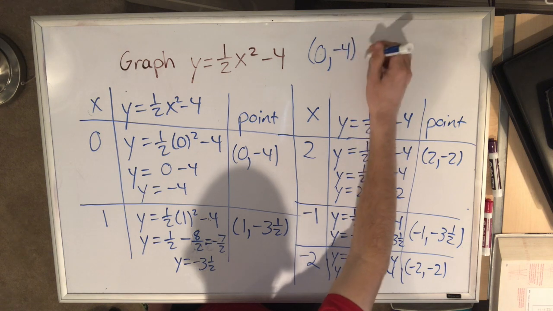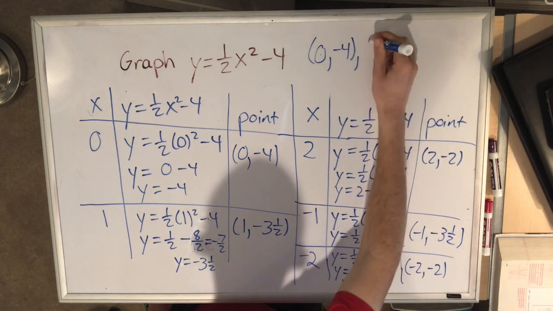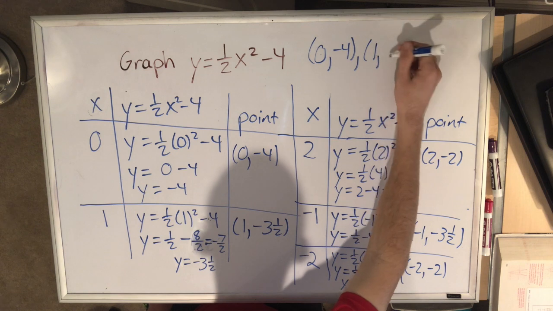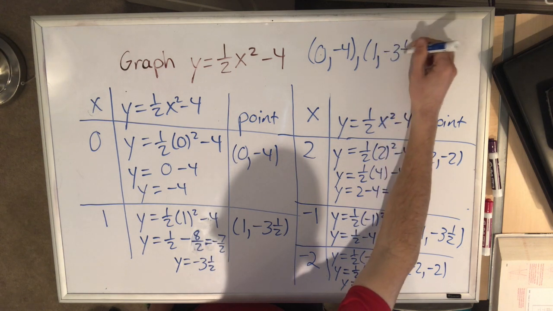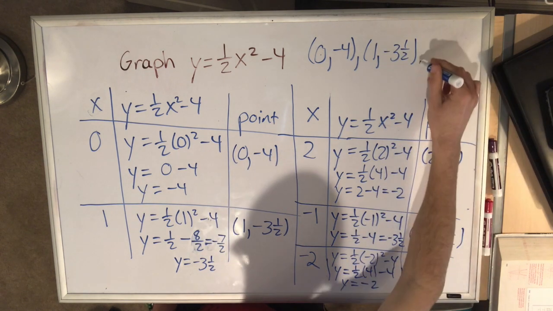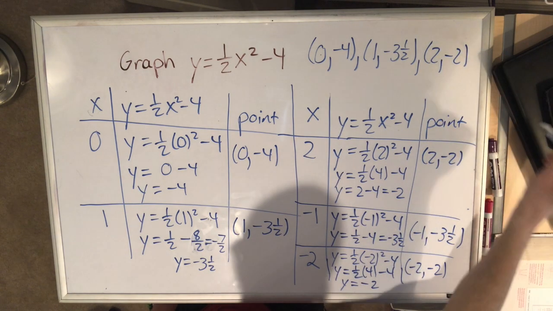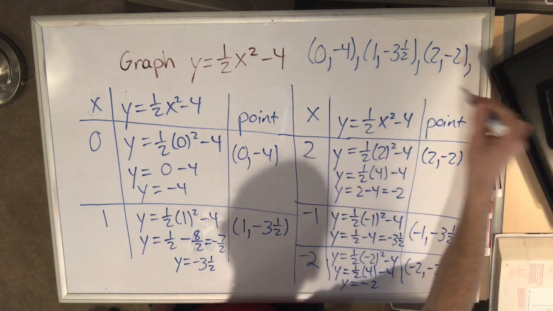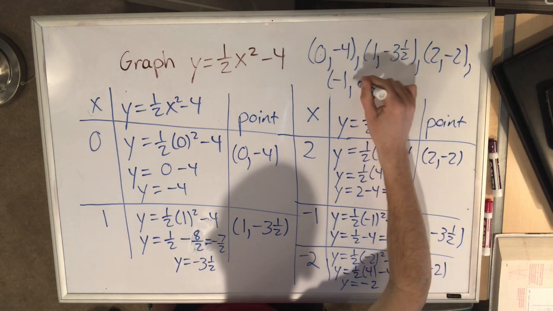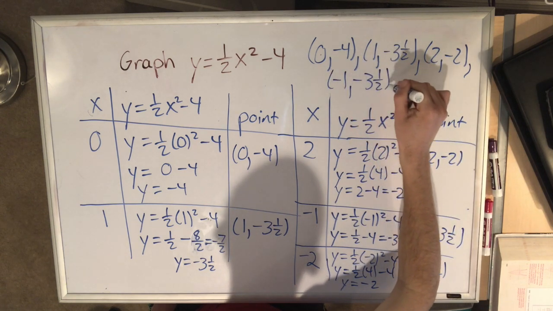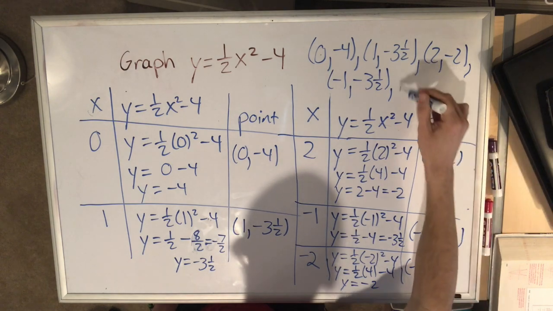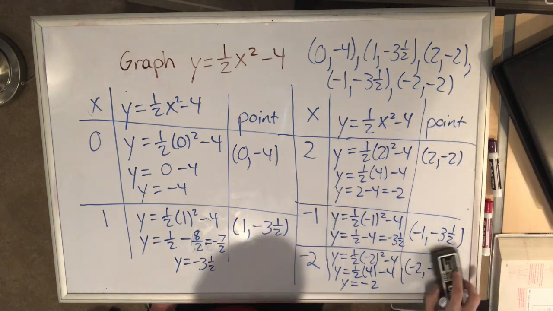0 comma negative 4, 1 comma negative 3.5, 2 comma negative 2, negative 1 comma negative 3.5, and negative 2 comma negative 2.